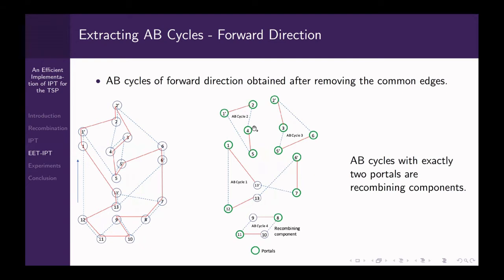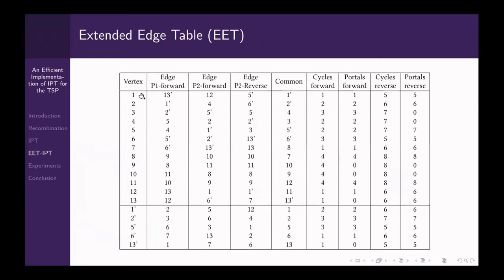They represent the matching substrings from the two parent tools. But the other AB cycles cannot be immediately considered recombining components, because they have more than 2 portals. We find all these AB cycles by traversing the nodes alternately from the 2 different parents, red, blue, and so on.